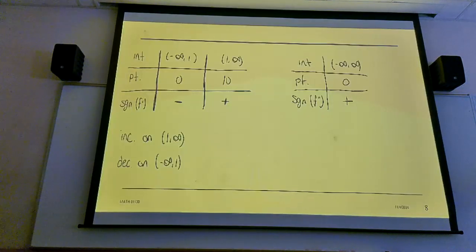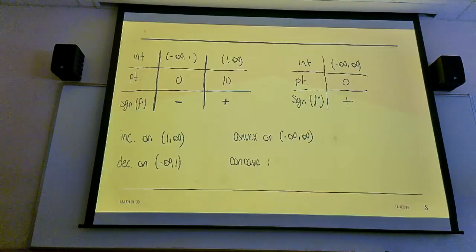Decreasing whenever the first derivative is negative, minus infinity to 1. Convex when the second derivative is positive. Concave when the second derivative is negative.